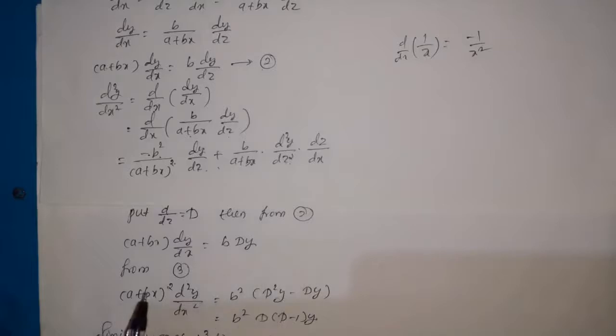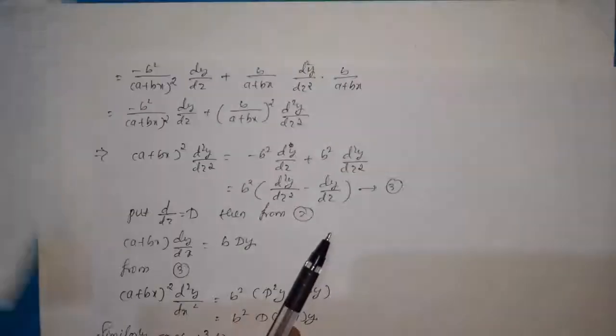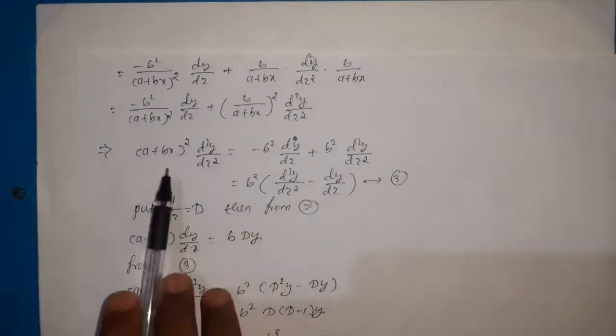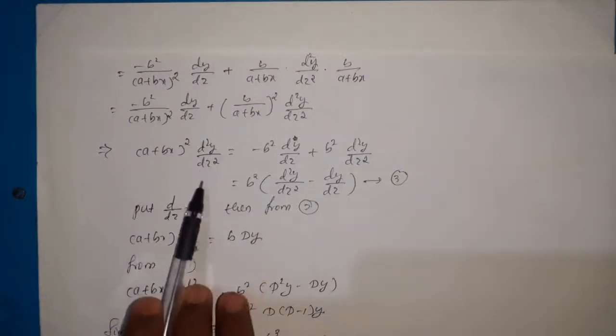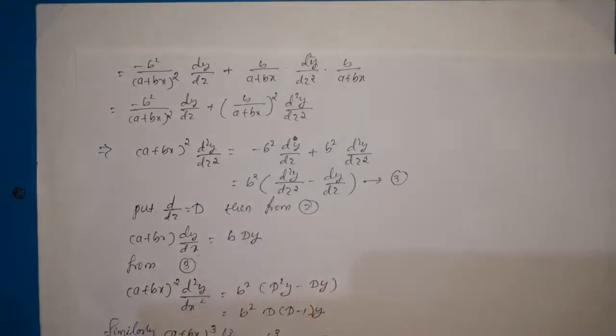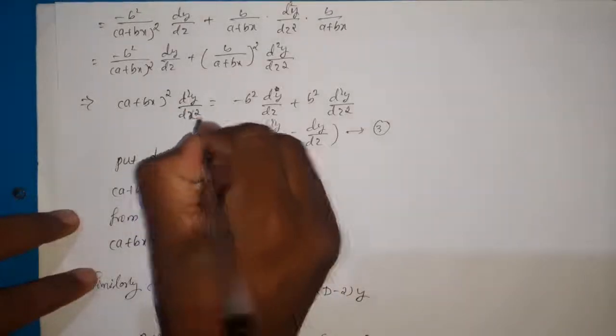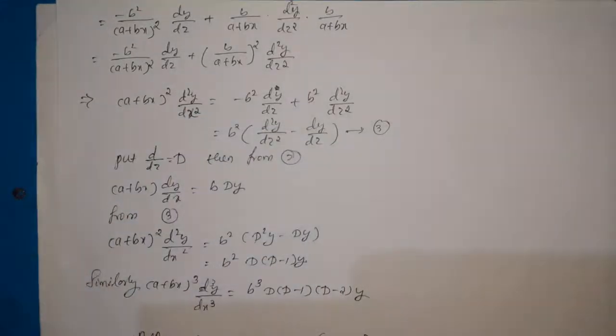Then from equation 3, a plus bx whole square d square y by dz square equals this one. Now here it is d square y by dx square, not z square.